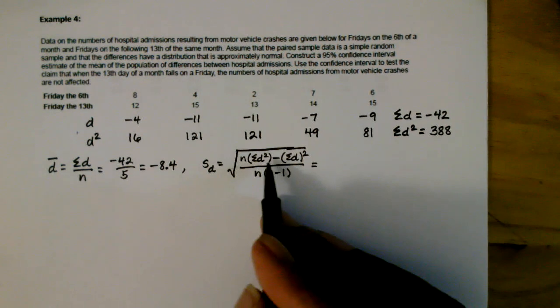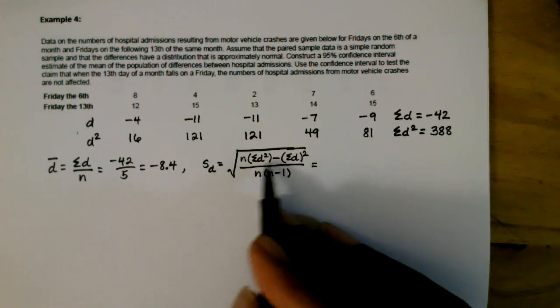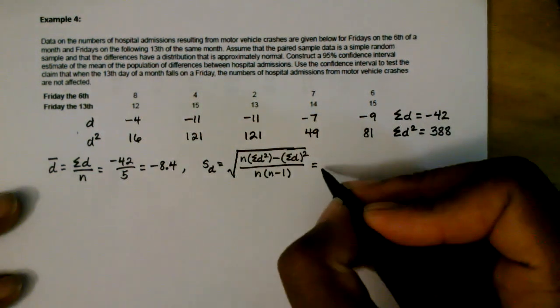Now, in this case, if you remember that standard deviation back in section 3.2, they use x's. Here we're using d's. It's the same formula. So you might want to refer to the video for measures of variation, section 3.2, and be familiar with that standard deviation formula. Now let's do some substitution here.